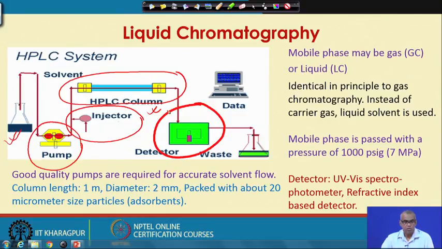So, liquid chromatography and gas chromatography work on identical principles. The only difference is that in gas chromatography, you had a gas carrier as mobile phase.